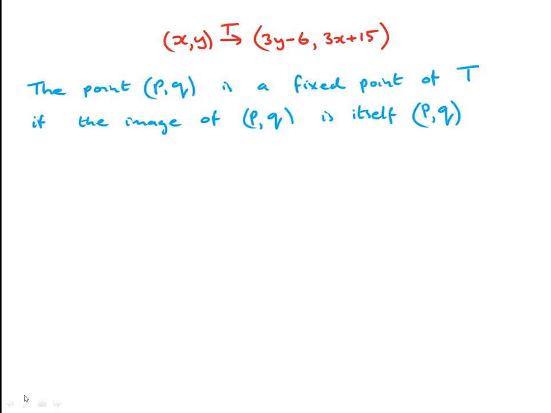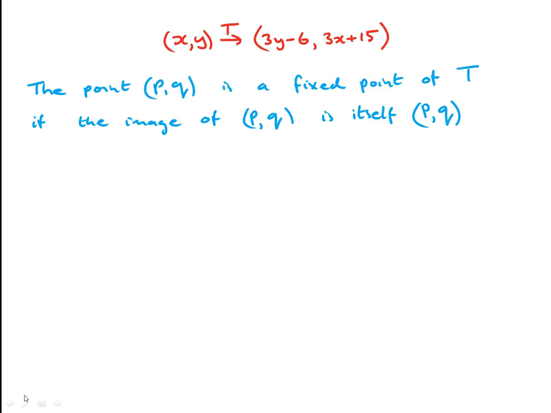Now to find the fixed point of the transformation, it's easiest just to use the fact that we know that the point (x, y) goes to the point (3y - 6, 3x + 15) under this transformation T. Now if the point (p, q) is a fixed point of T, then the image of (p, q) is itself (p, q).